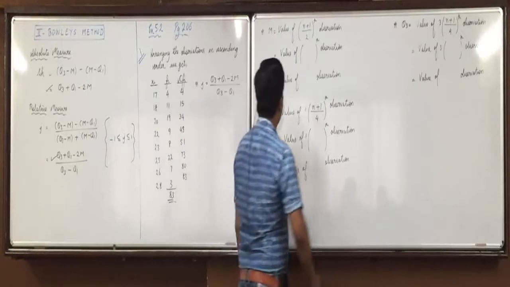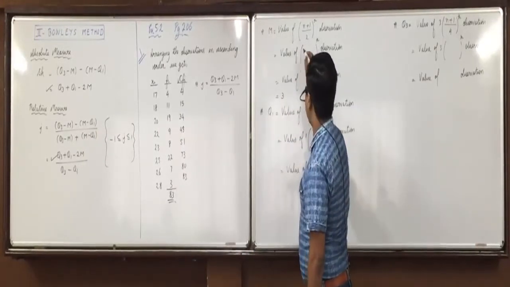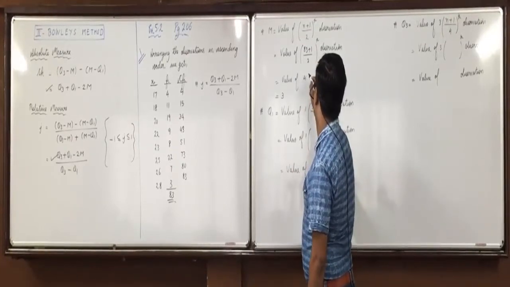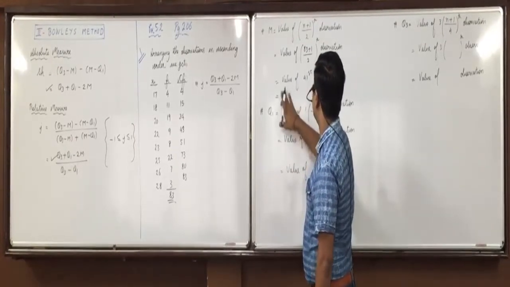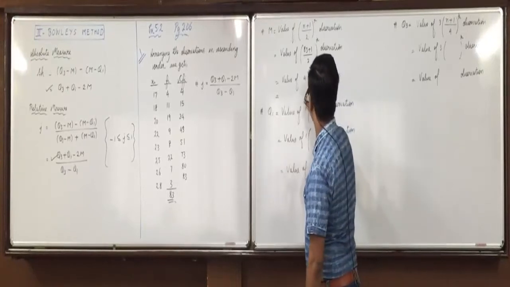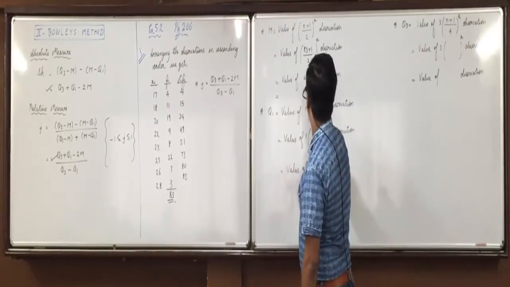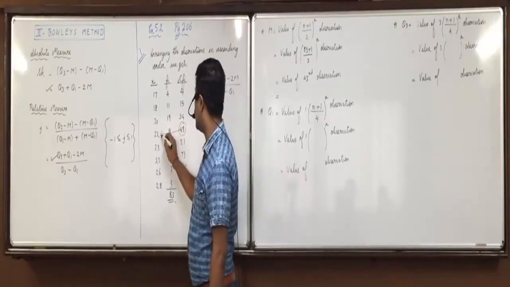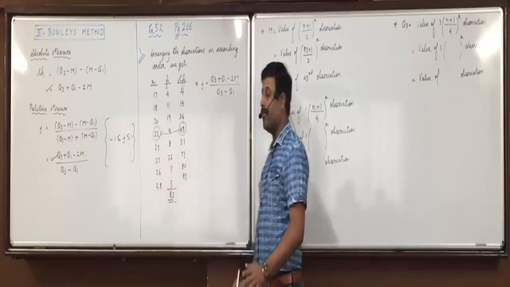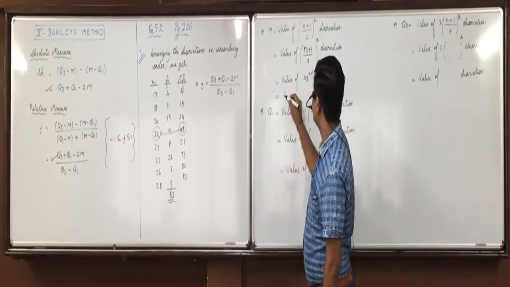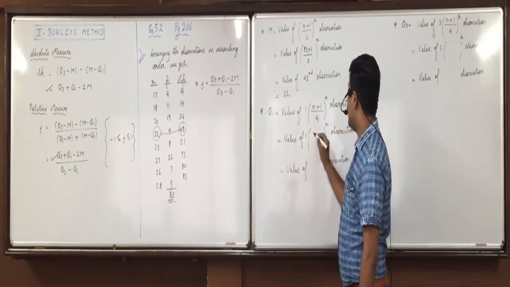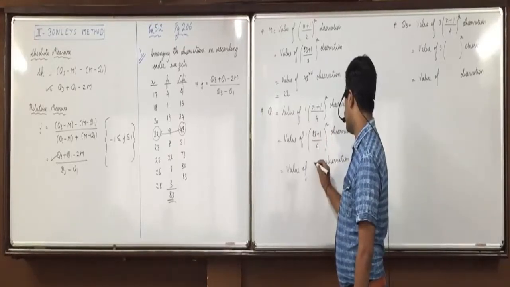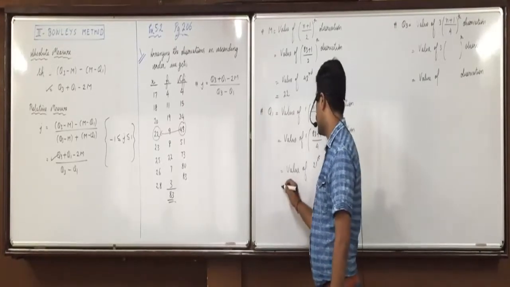Okay, now for the median, n is 83, so 83 plus 1, 84 divided by 2, 42nd observation. The CF just greater than or equal to 42 is 43, so it is 22 directly, no need to expand it. Same way here, n is 83, so 83 plus 1, 84 divided by 4, 21st observation.